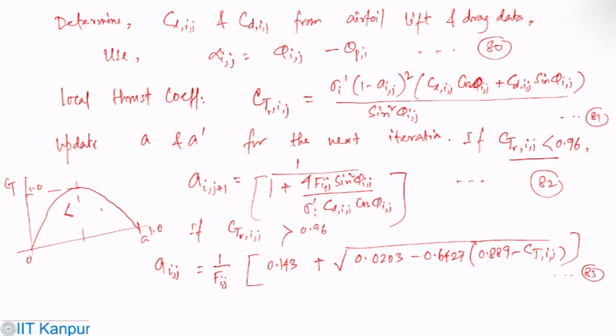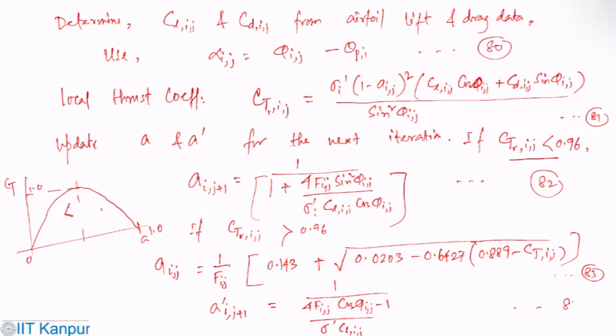Okay, and here we'll update a prime ij plus 1 equals 1 by 4 if ij cos pij minus 1 divided by sigma prime CLij.